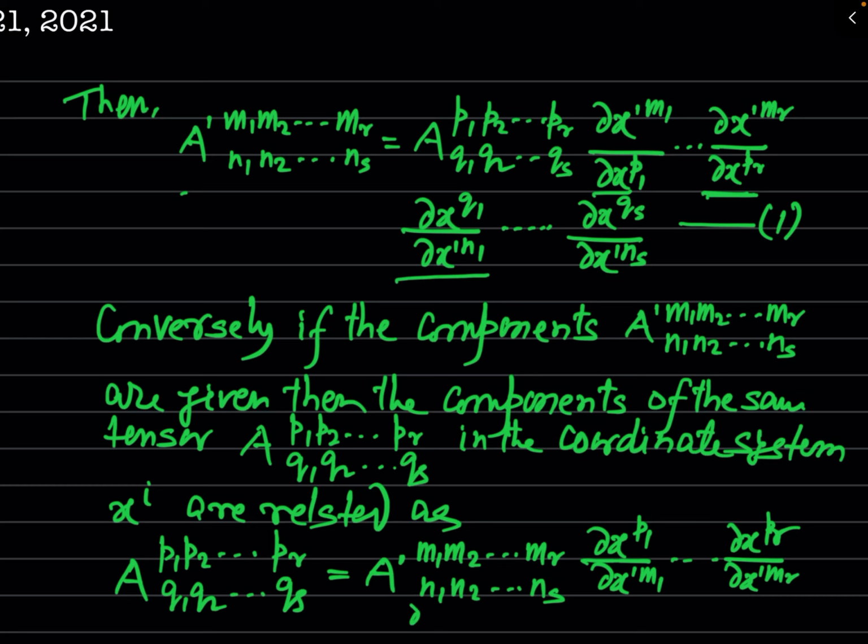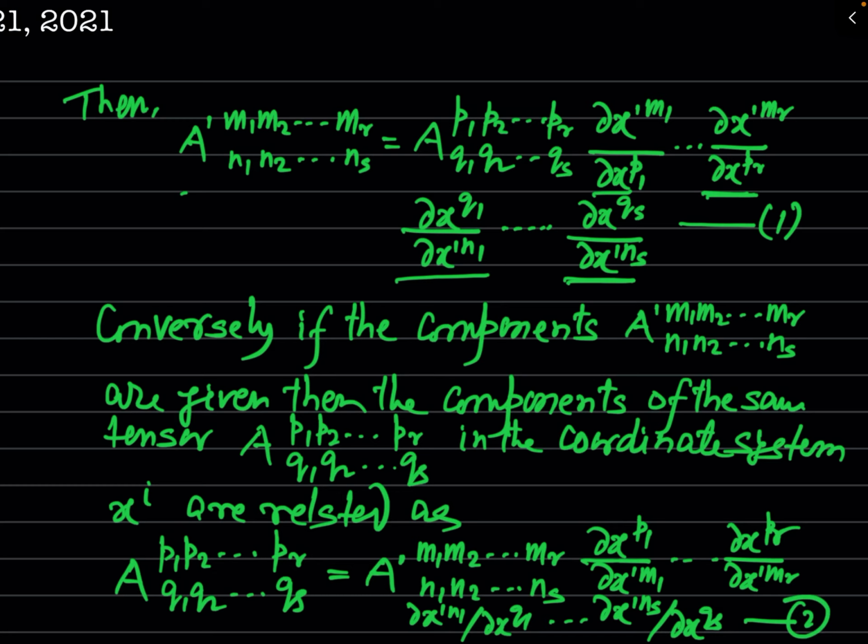So this will be del x' n1 by del x q1 so on. Again take the converse of this. This will be del x' ns by del x qs, and say this is equation 2.